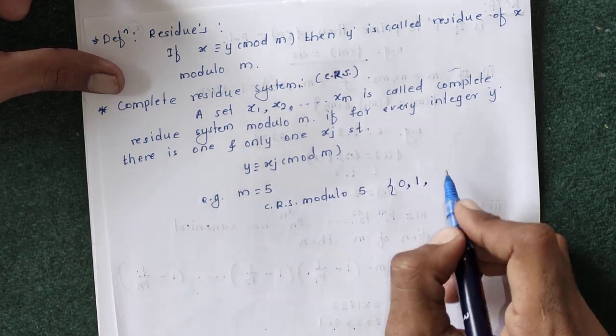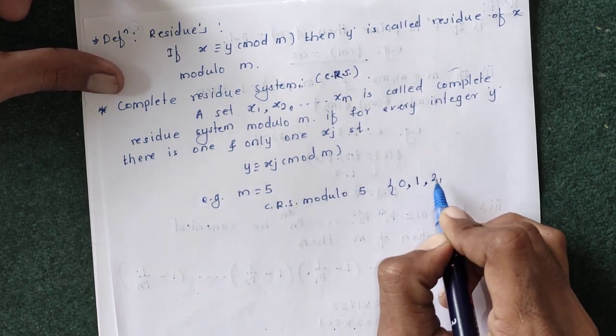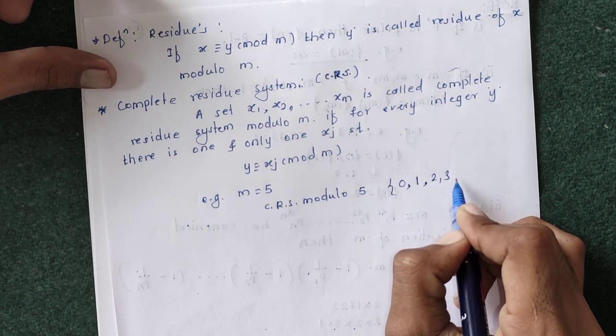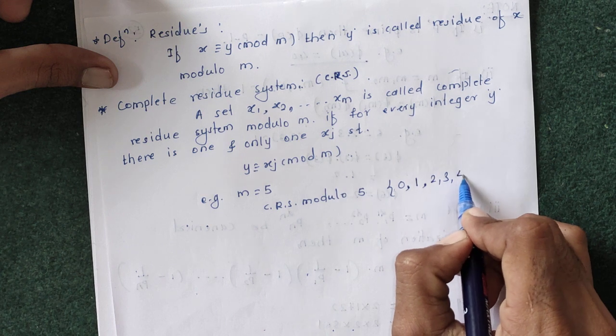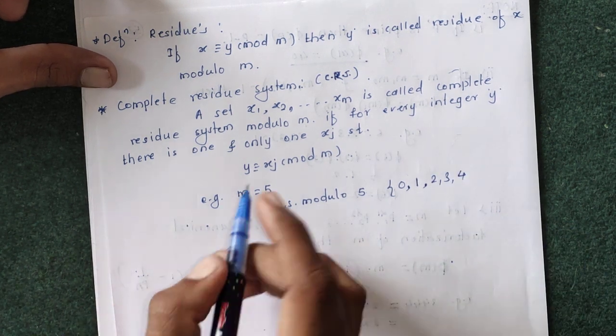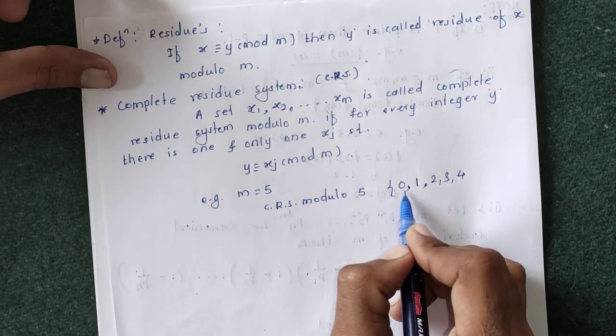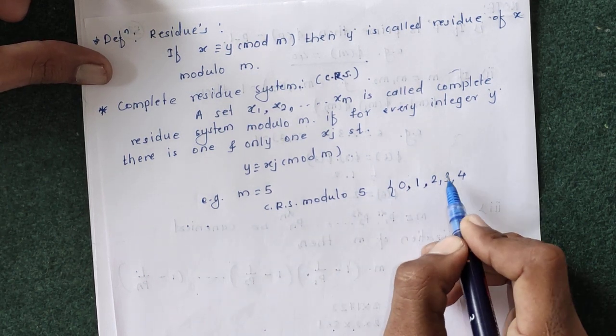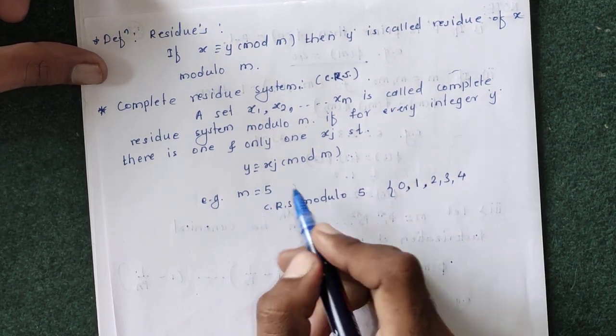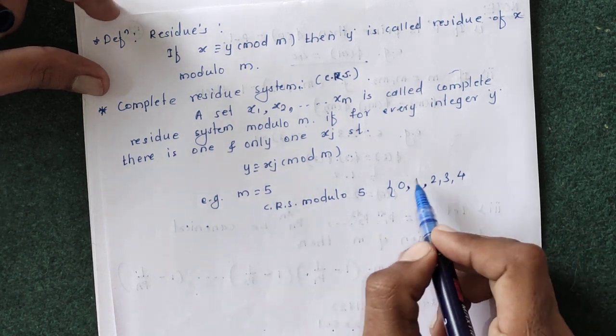If we divide 7, we get remainder 2. If we divide 8 by 5, we get remainder 3. If we divide 9 by 5, we get remainder 4. Again, dividing 10 by 5 gives remainder 0, 13 by 5 gives remainder 3, and 26 by 5 gives remainder 1.